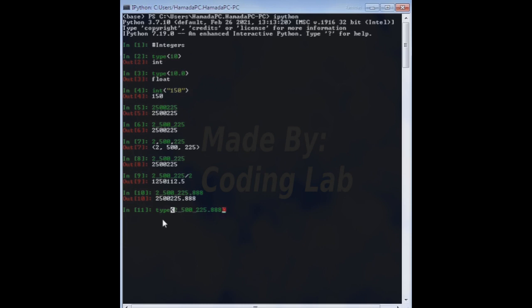Let's try the type of this large number with decimals. This is a float number. Okay, so we are using underscores instead of commas to represent the large floating numbers.